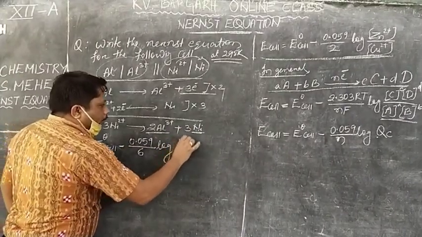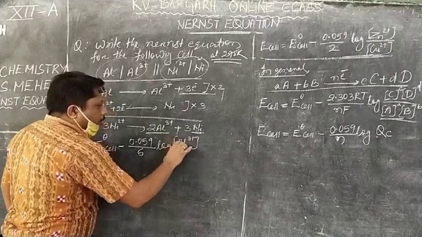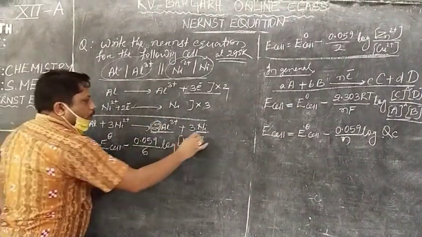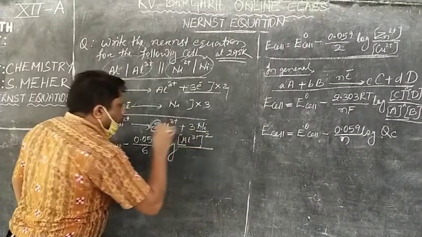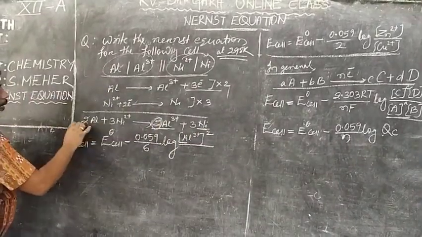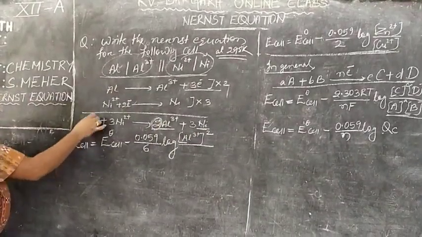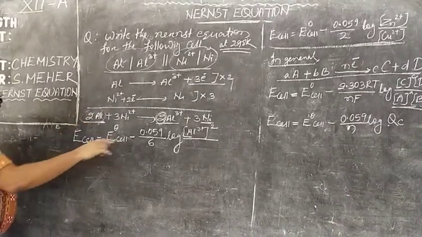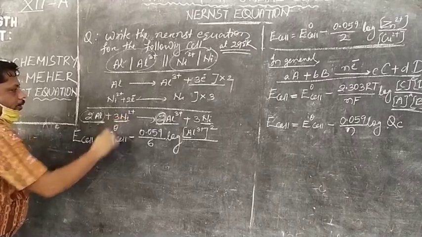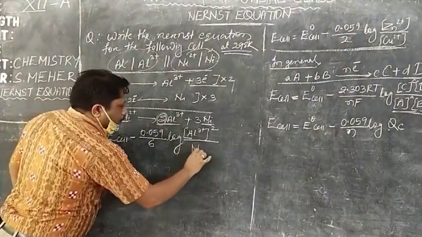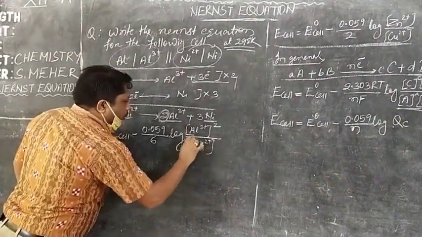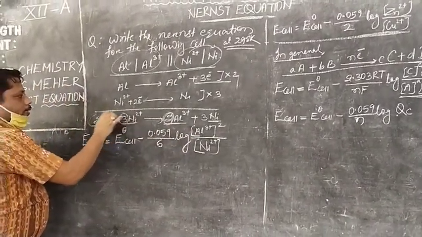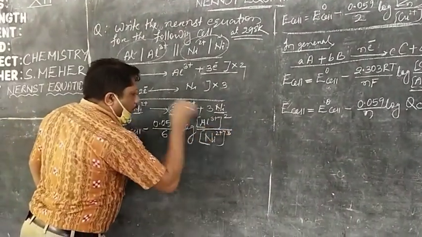So it will be Al3 plus concentration. The exponent will be the stoichiometric coefficient 2, so to the power 2, divided by the left hand side. Again, aluminium is a pure solid, its concentration is 1, so no need to write it in the denominator. Only you have to write Ni2 plus concentration, with the stoichiometric coefficient 3, to the power 3.